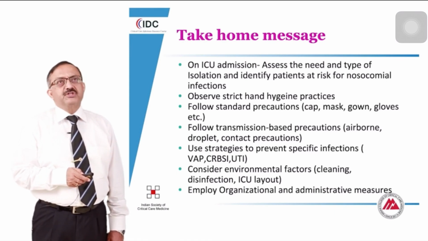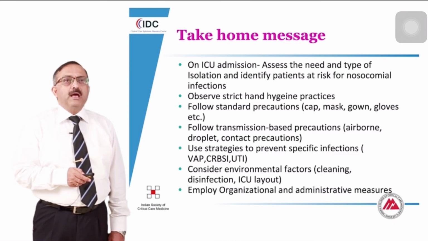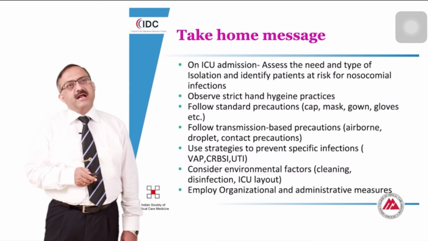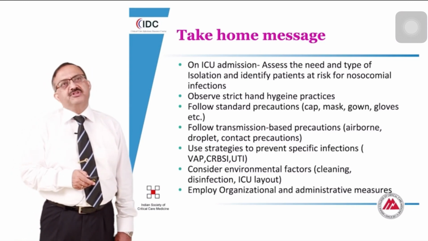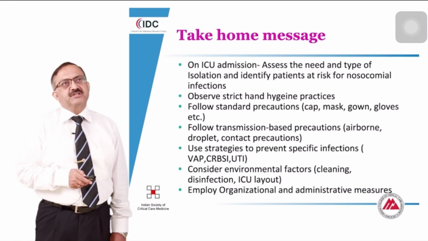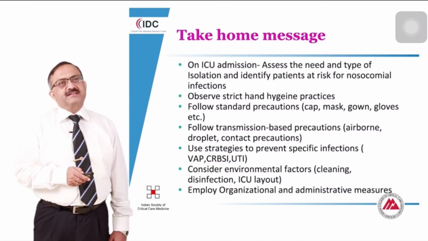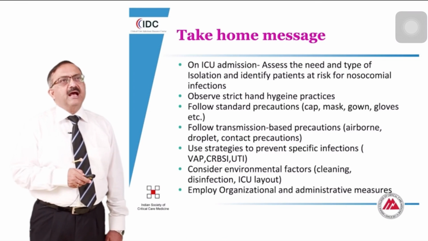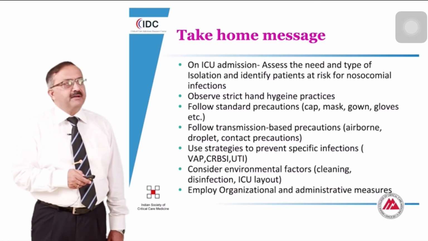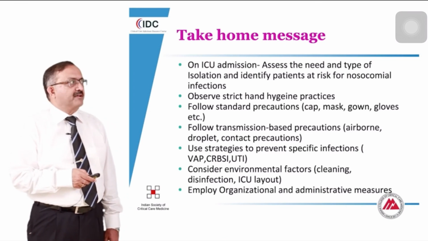Follow transmission based precautions for airborne, droplet and contact precautions. Use strategies to prevent specific infections, which include catheter associated urinary tract infection, catheter related and central line related bloodstream infection and surgical site infection.